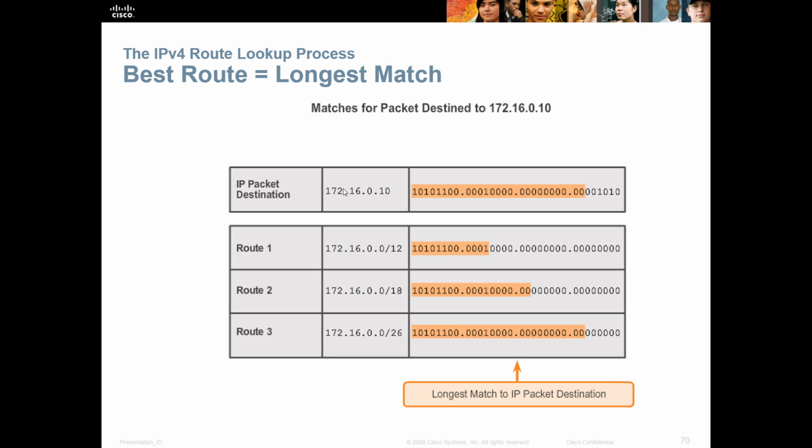Because, again, it's going to be looking for what will have the most information. 172.16.0.10, so that 10 is going to be in our fourth octet, so it's going to be looking for things similar in the fourth octet, meaning it's going to keep the first 3 octets, the longest match.